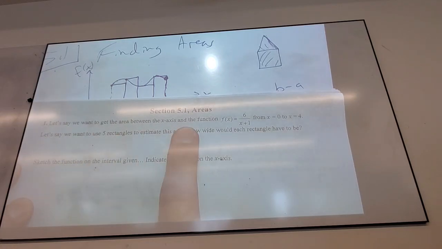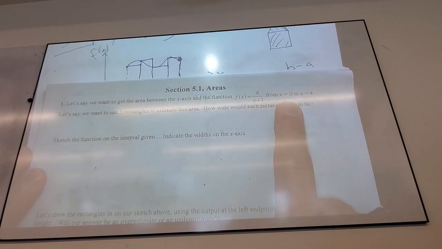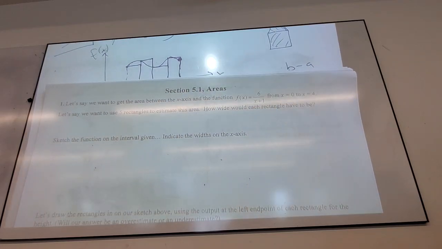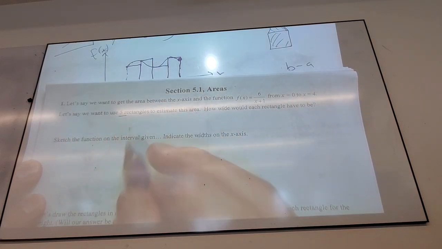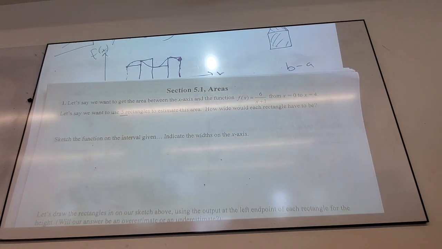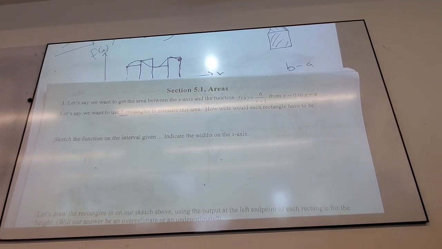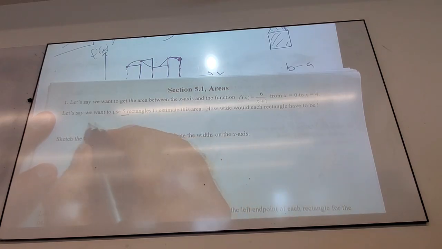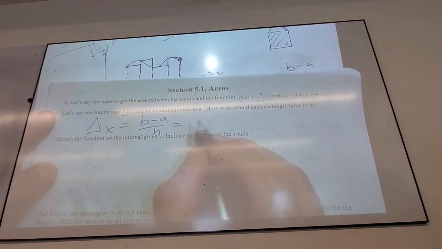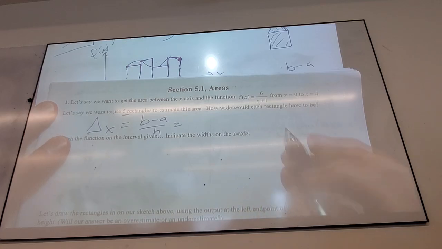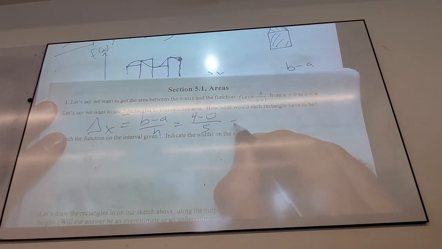Let's say we want to get the area between the x-axis and this function here. Everybody together. We want to know, from x equals 0 to x equals 4, let's say we want to use 5 rectangles for some reason. How wide would each rectangle have to be? Well, how far do we have to go? 4 minus 0. 5 rectangles, so it's 4/5.